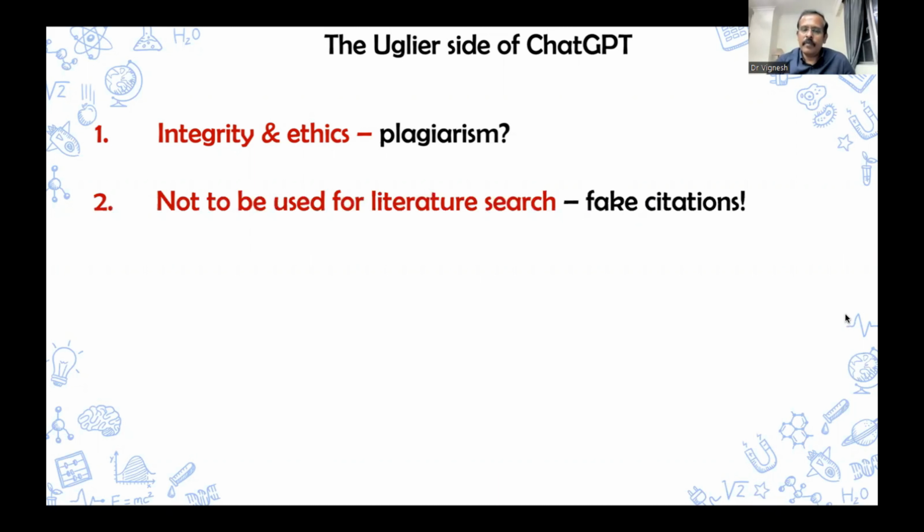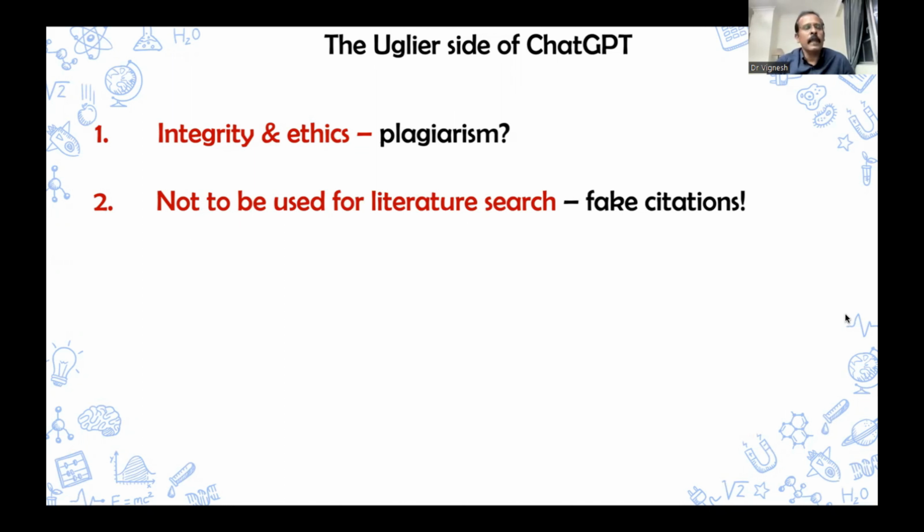Very importantly, it should not be used for literature search. The reason being, if you ask ChatGPT to give out citations, it makes up citations. It gives out fake citations. It gives very original looking citations.